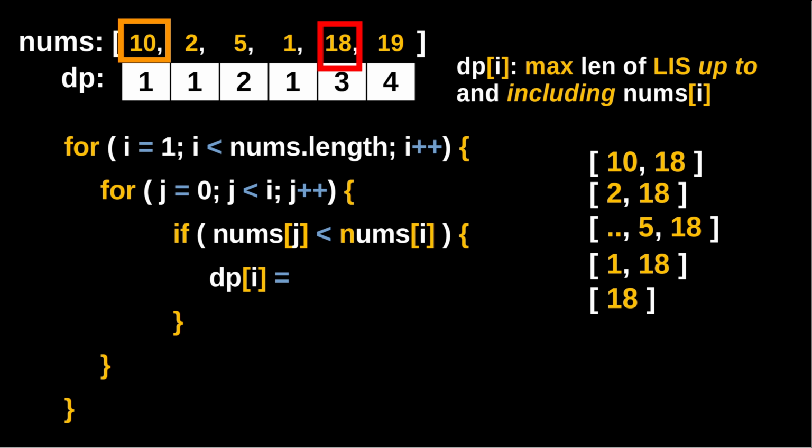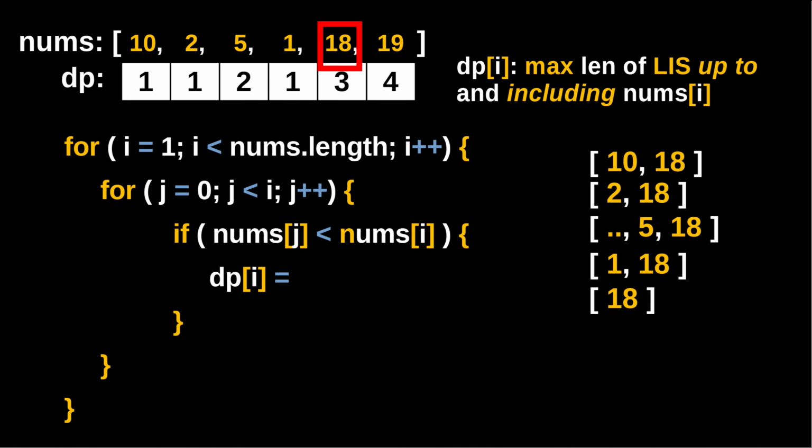Well, it's the maximum subsequence at 10, which is 1. We just append 18 to it, so it will be 2. Okay, then we move to here. Can 2 and 18 make an increasing subsequence? Yes, it can. And how long is this increasing subsequence? Well, it also will be the dp at this position plus 1, which will be 2.